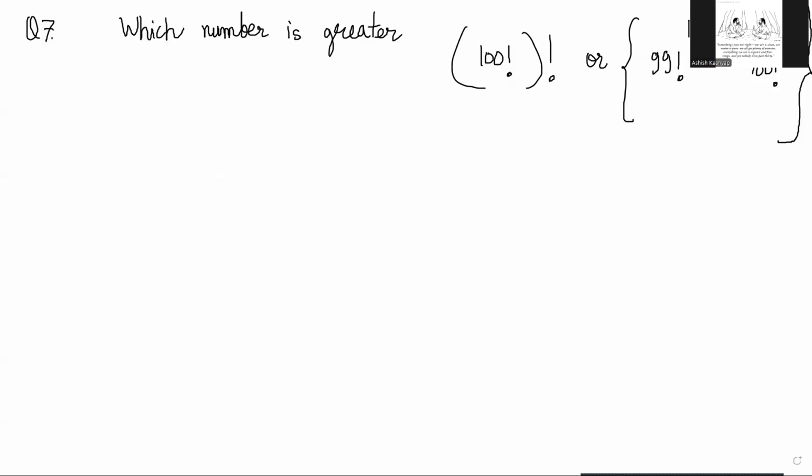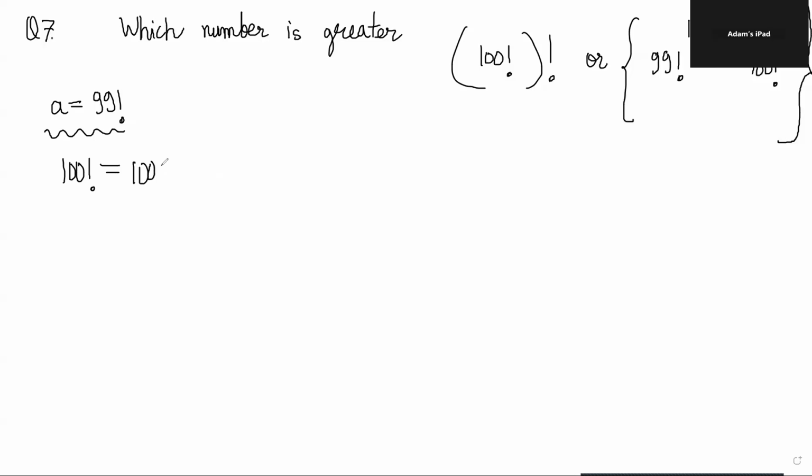Try to use a substitution. You can simplify the question a little bit. For example, I would suggest A is equal to 99 factorial. Then what is 100 factorial? It is 100 into 99 factorial, so it is 100A.